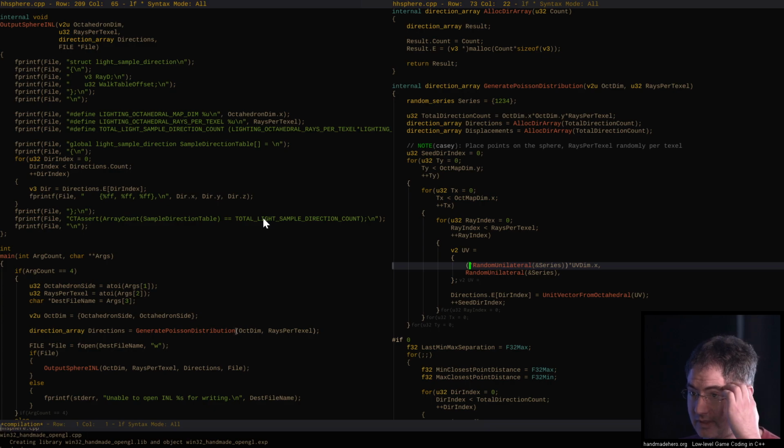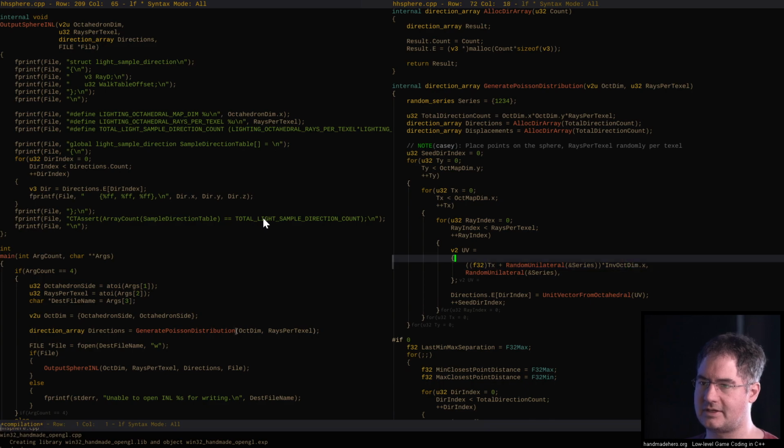Like so, and the UV dim is like the octmap dim, 1 over the octmap dim, right? So it would be like TX plus some random unilateral. So we start at whichever texel we're on, we add some fractional value to it, and we multiply that by whatever the UV reciprocal is, inv oct dim, something like that. That seems about right. Does that seem reasonable?